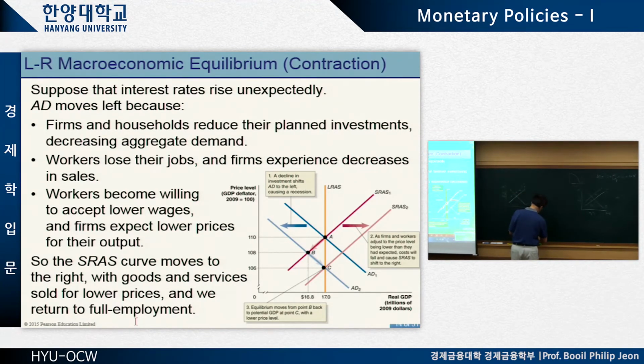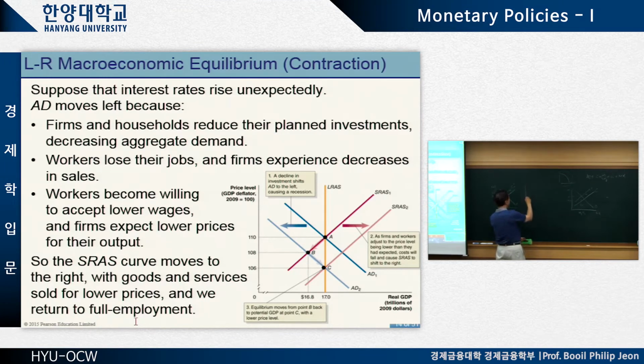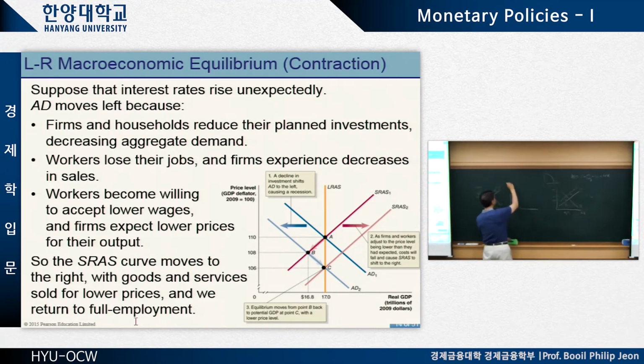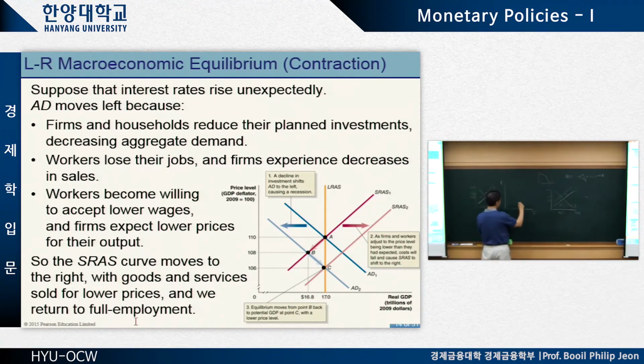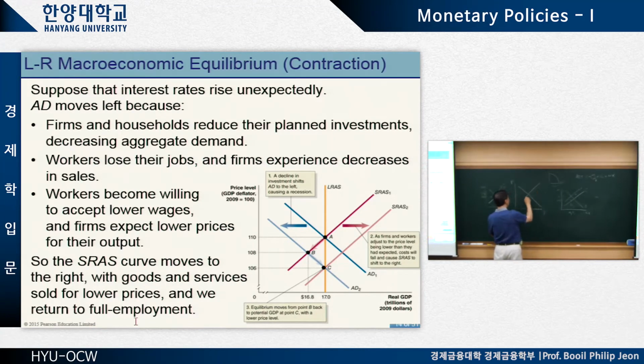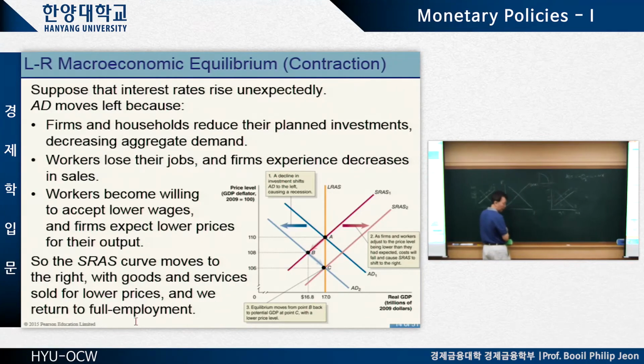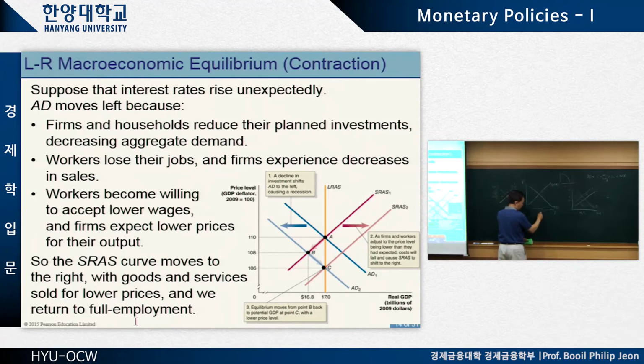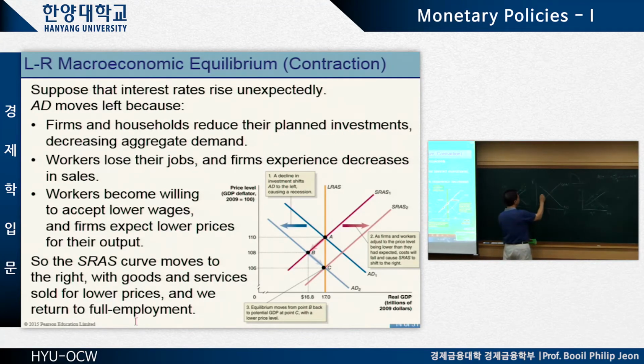Okay, so we have the initial equilibrium between short-run aggregate supply and aggregate demand, right? We were at Y0 and initial price level P0, okay?